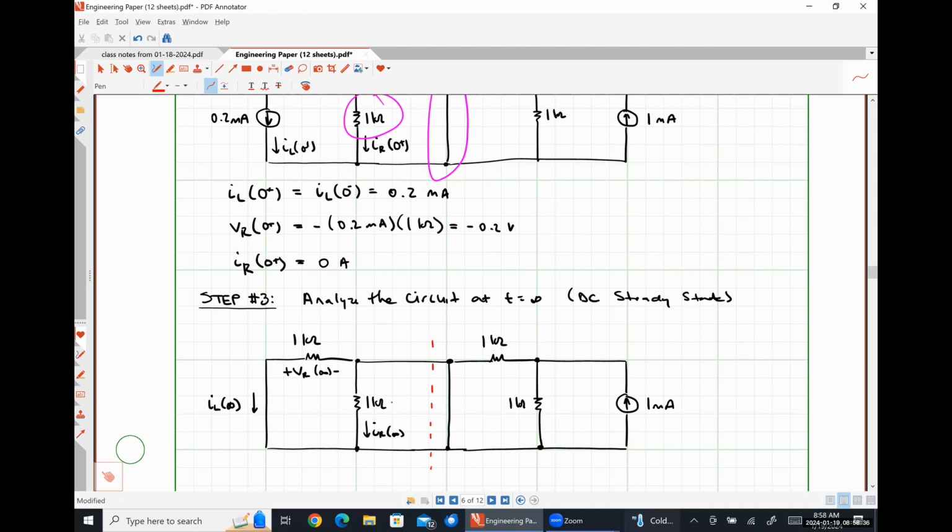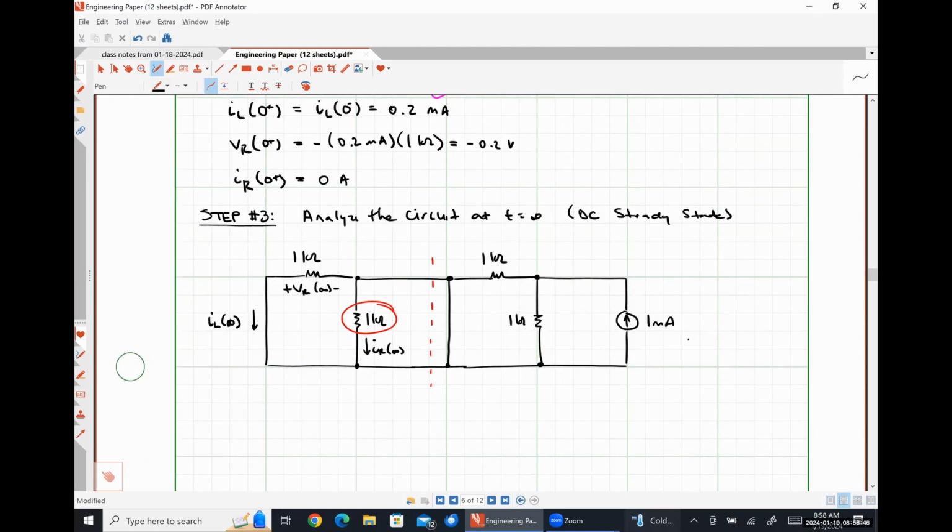So the 1 kilo ohm resistor right here is directly in parallel with a short circuit, which means there's no voltage drop over it, and therefore there's no current flowing through it. So IR at infinity must be equal to 0 amps.